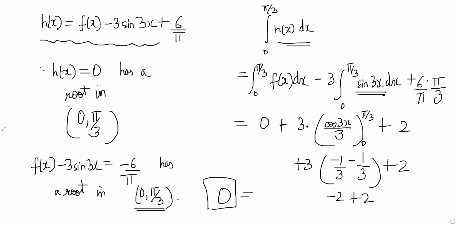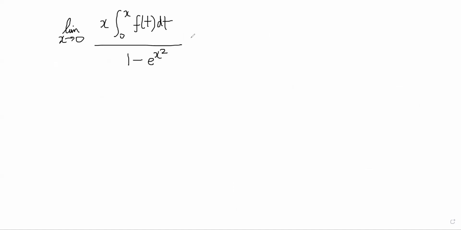Now we check the limits that we have to calculate. In part 3, we have to calculate this limit, x tends to 0, x multiplied by integral 0 to x f of t dt divided by e power 1 minus e power x square. We have to find this limit and check whether it is equal to 1 or not, right?